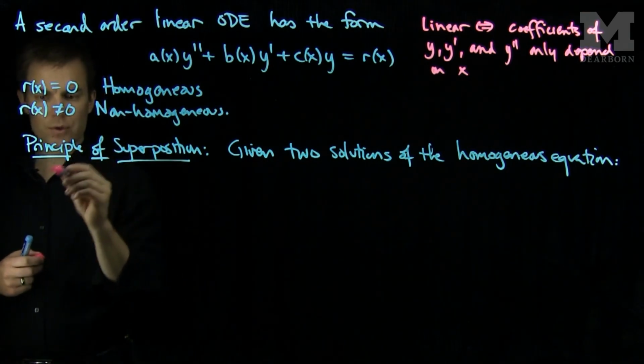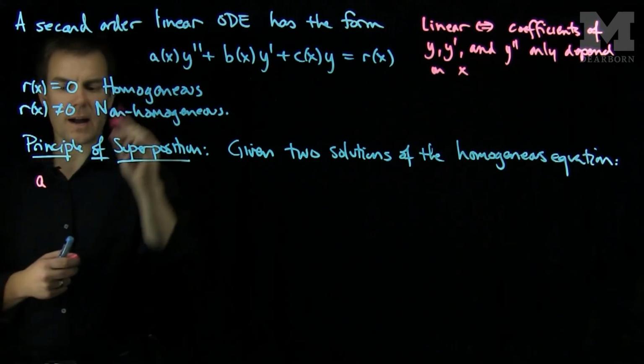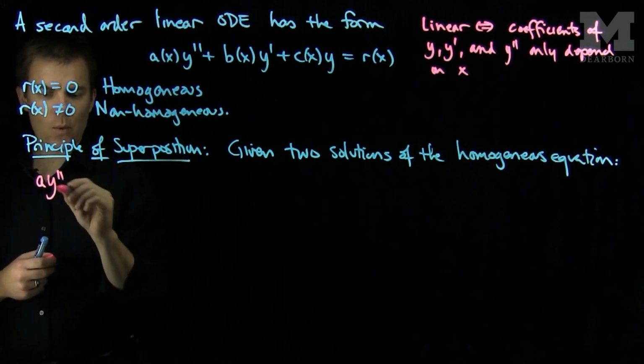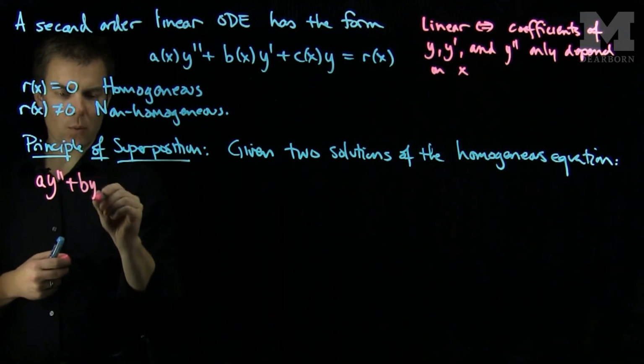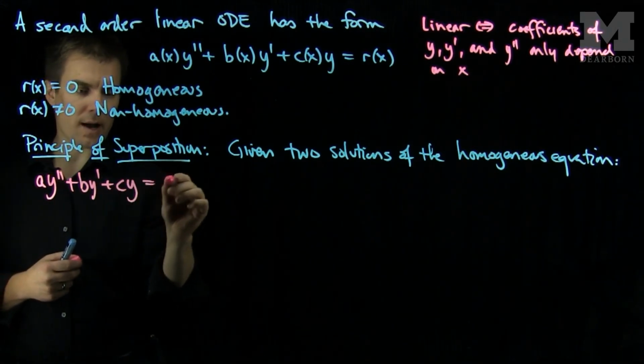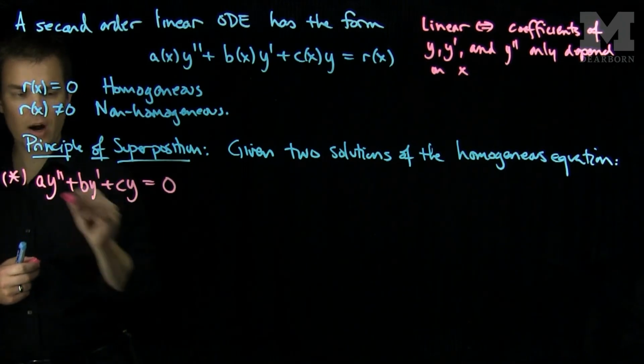I'm going to drop the of x's and just assume that: a y double prime plus b y prime plus c y equals 0. We'll call this equation star.